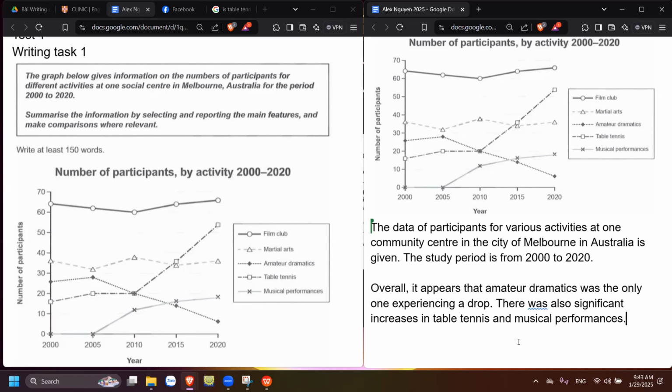Is that right? Yeah. But if I were you, I would just link the two sentences together. Why? One is showing a decrease, one an increase, but somehow they're related. You can link them together with the word while. So this one experiencing a drop while the other experienced an increase, for example.